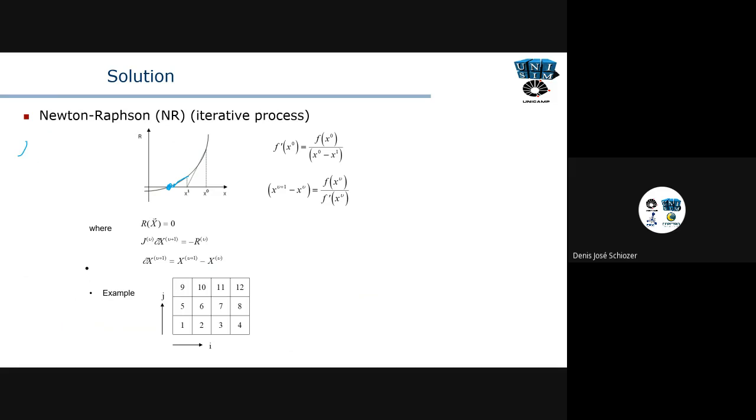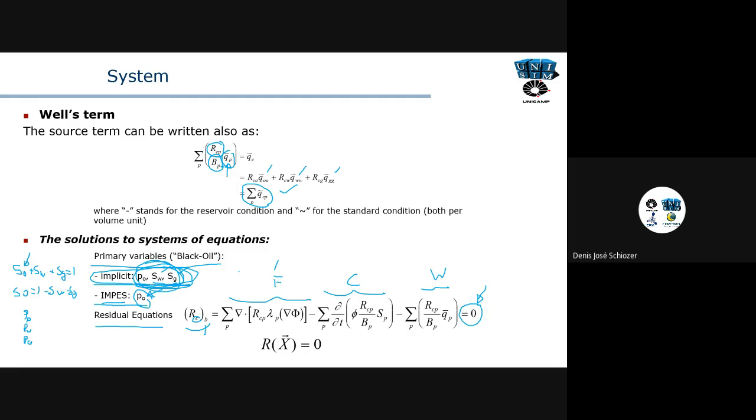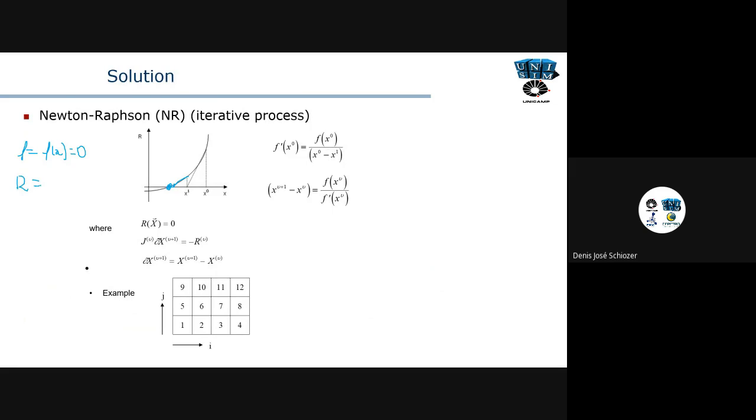So let's assume that I'm solving f of x equals 0. This is the same equation that I'm solving here. So this is our function, and this is 0, and this is the residual, okay? So I'm writing the residual as a function of x equal to 0. If I'm going to solve this numerically, the way I'm going to solve it is using this method called the Newton-Raphson iterative procedure, where you guess a value of our main variables.